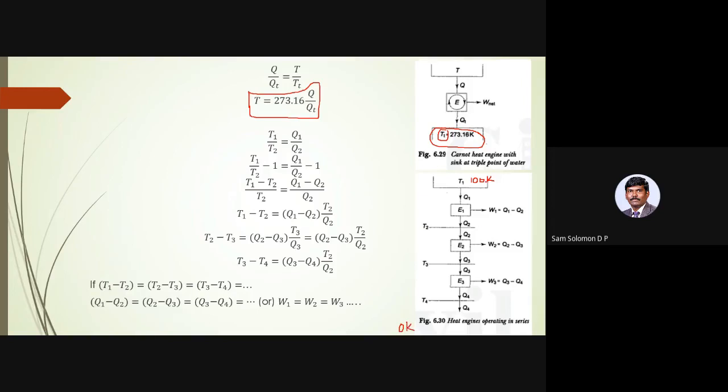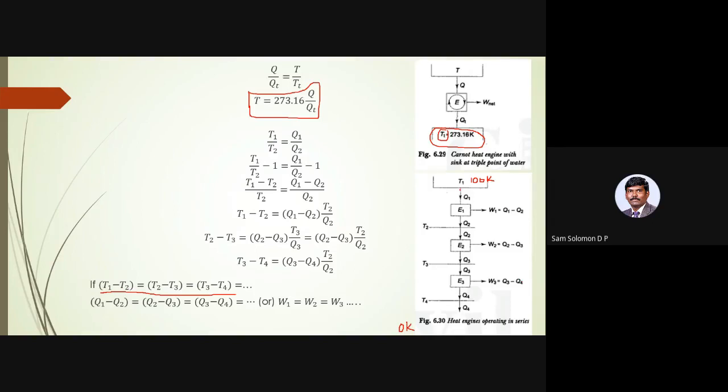Okay. And I'm going to have a series of heat engines between 100 Kelvin and 0 Kelvin, such that the temperature difference between the engines are equal. T1 minus T2 equal to T2 minus T3 equal to T3 minus T4.